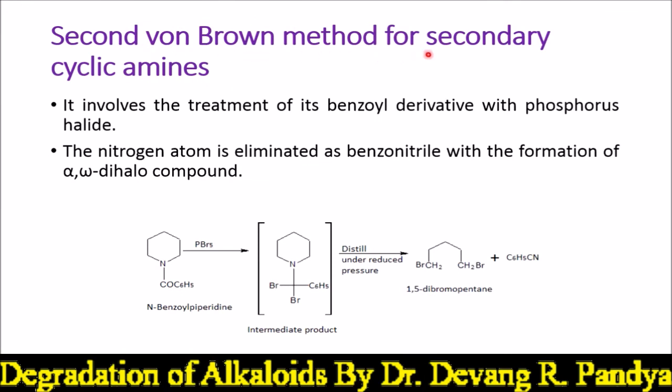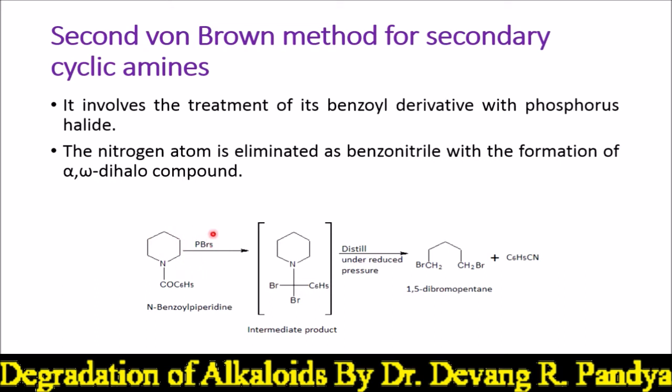The second von Braun method is for secondary cyclic amines. It involves the treatment of its benzoyl derivative with phosphorus halide. The nitrogen atom is eliminated as benzonitrile with the formation of an alpha-omega dihalo compound. We have this N-benzoyl piperidine.